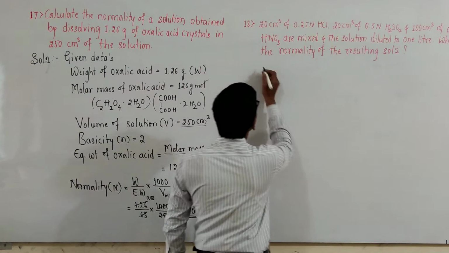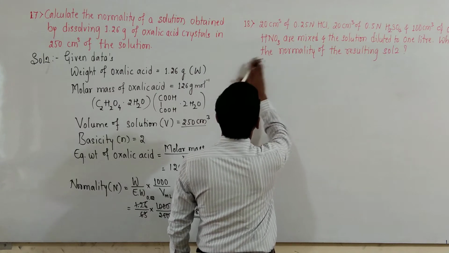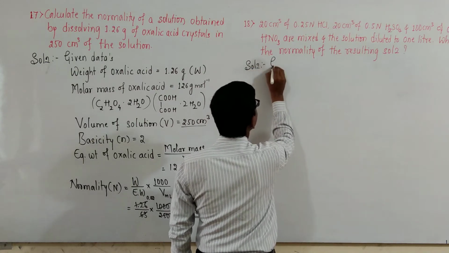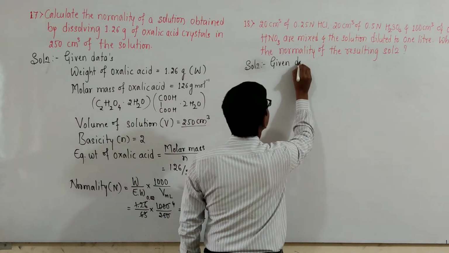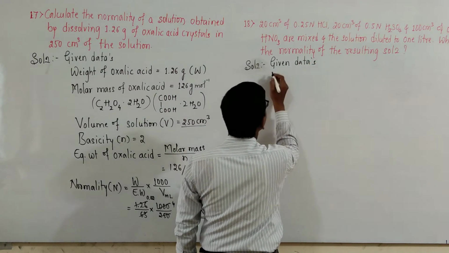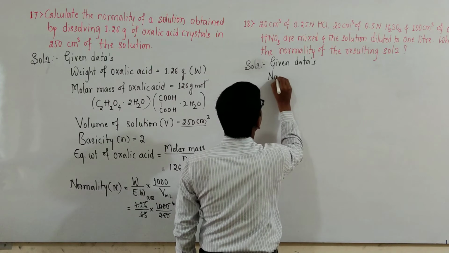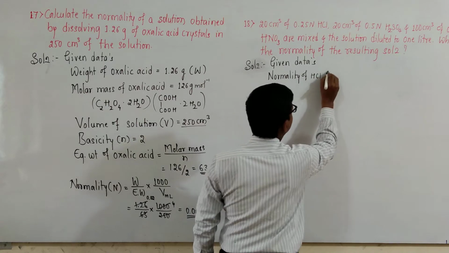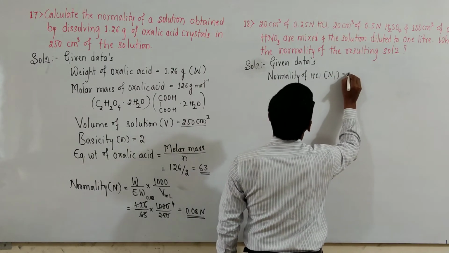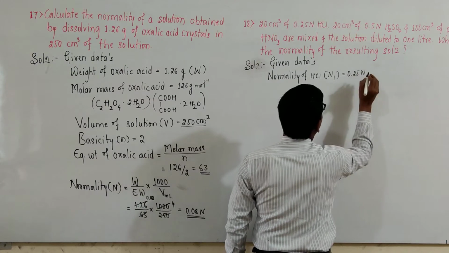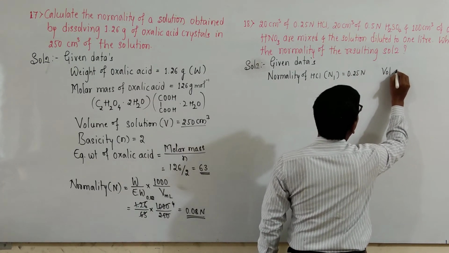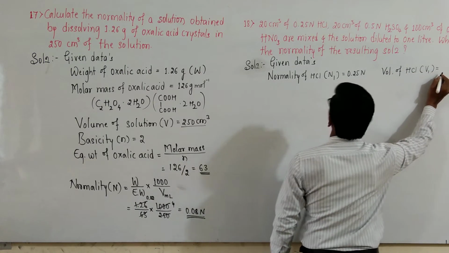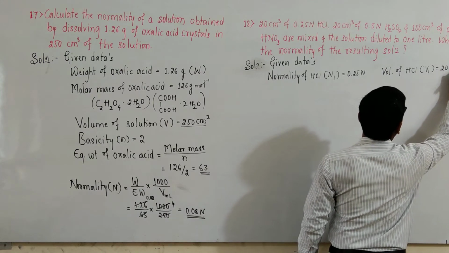Given data: normality of HCl, that is N1, is equal to 0.25 N, and its volume V1 is equal to 20 cm cube.